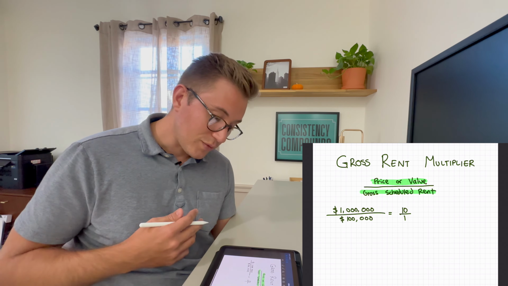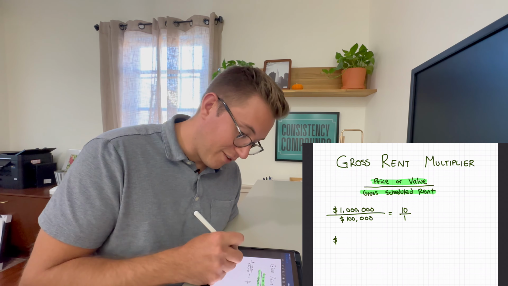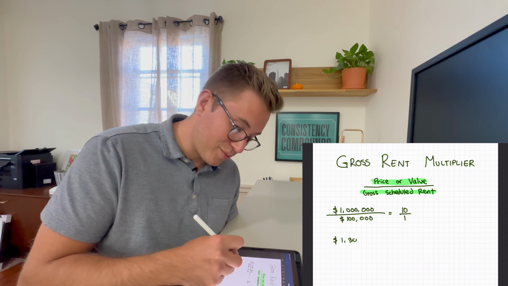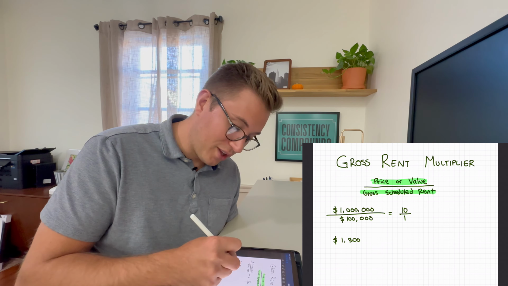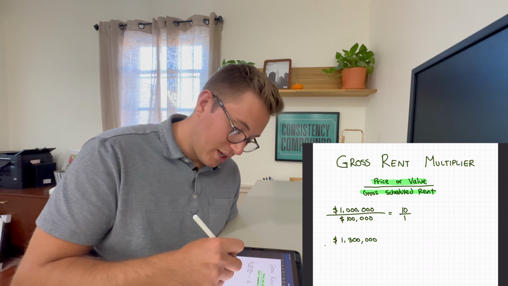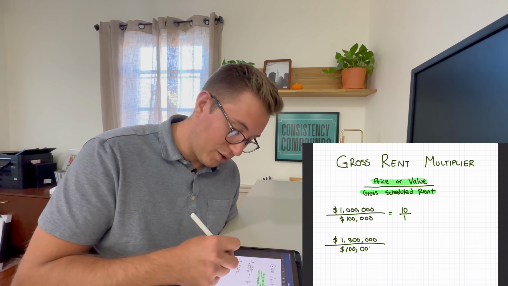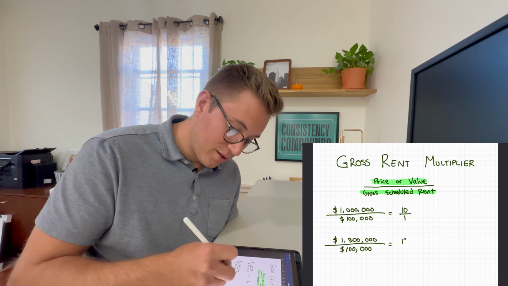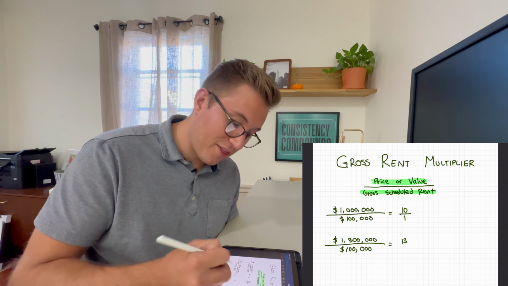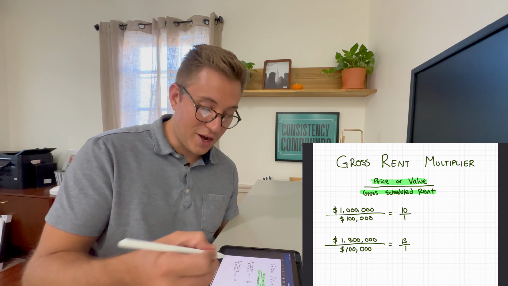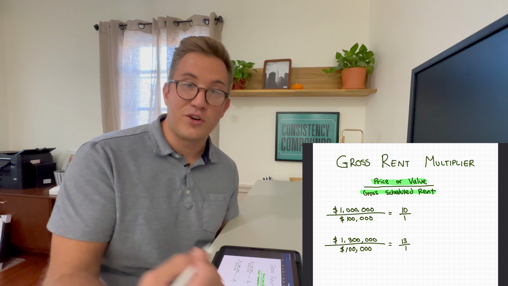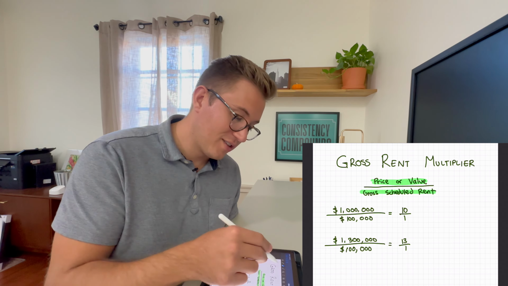So let's look at another example. If there was a different property, let's say this one is priced at 1.3 million, and it also generates $100,000 a year in gross scheduled rent, we would say that this is priced at 13 times gross, or you're now paying $13 for every $1 of income that it generates.